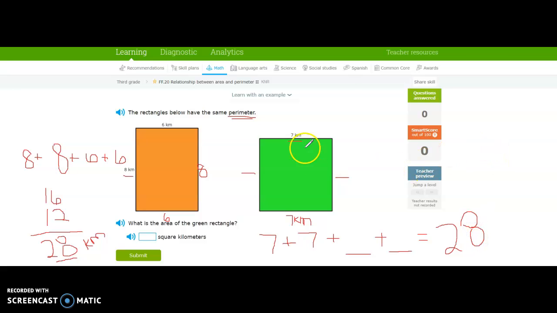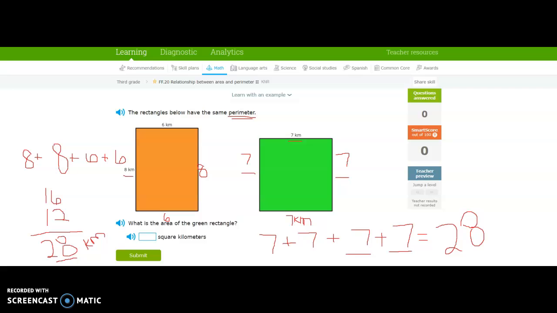Well, boys and girls, got to think about it and use my thinking cap, but I know that 7 times 4 is equal to 28. So I know that this side must be 7 and this side must be 7. So now they have the same perimeter, but we're not done yet.